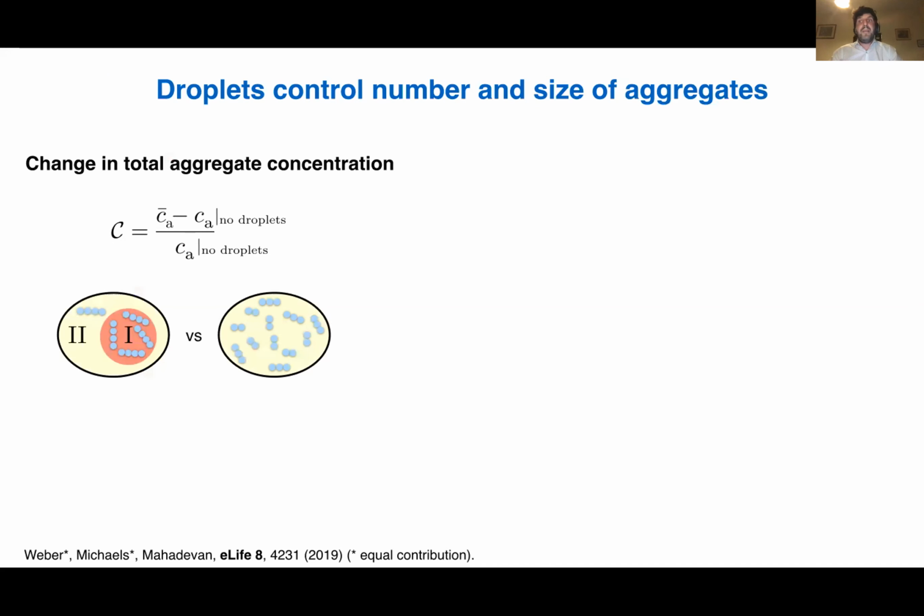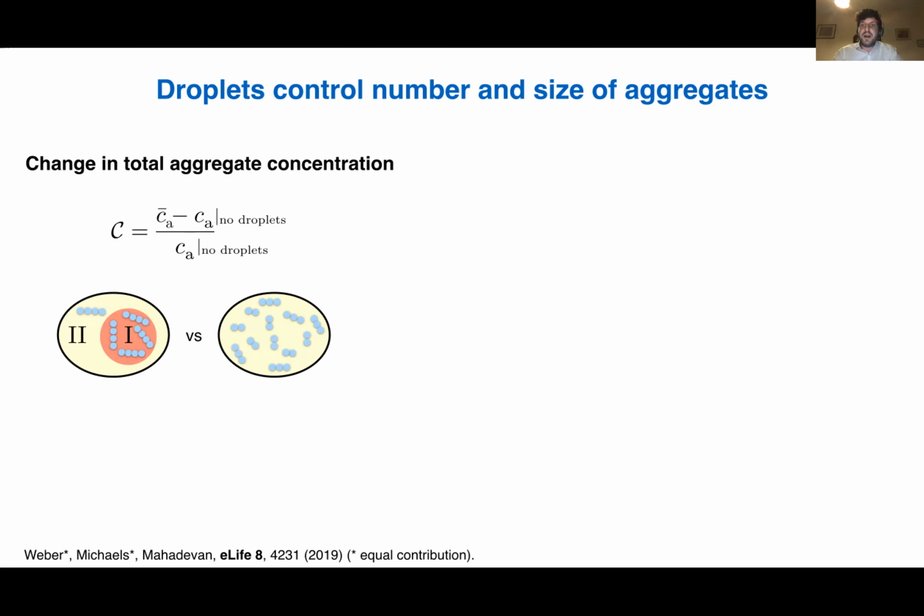Just to mention here at the end, not only can you control the position of the aggregates by playing with the partitioning of the aggregates, but you can also change other parameters of the aggregation, such as, for example, the total concentration of aggregates.